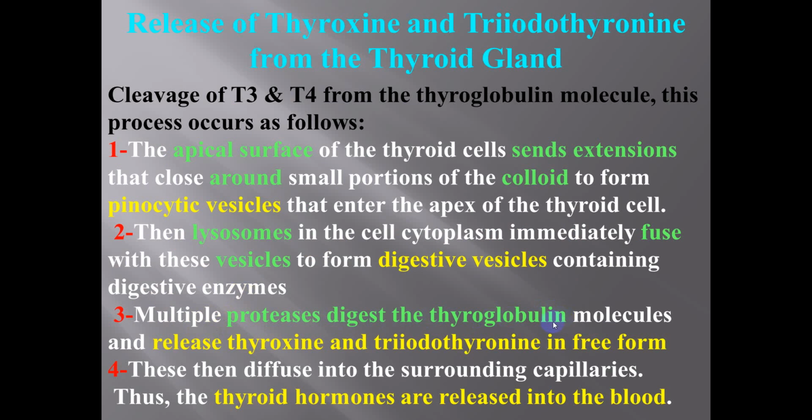Lysis of thyroglobulin inside the vesicle molecules and release thyroxine and triiodothyronine in free form. هاي كل العملية inside the cell. Okay, follicular cells. These hormones then diffuse to the surrounding capillaries, get out of the cell, and thus thyroid hormones are released into the blood.